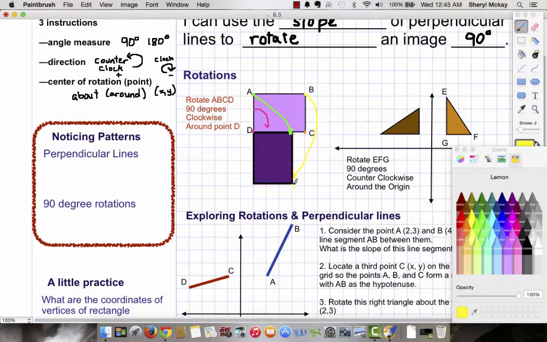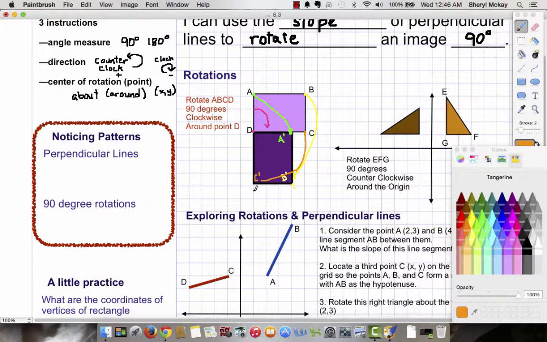So here's point B. And actually I want to make sure that I label A as A prime and B as B prime. And then C, which was our orange one, rotated around all the way to here. So this would be C prime, and then D stayed the same.